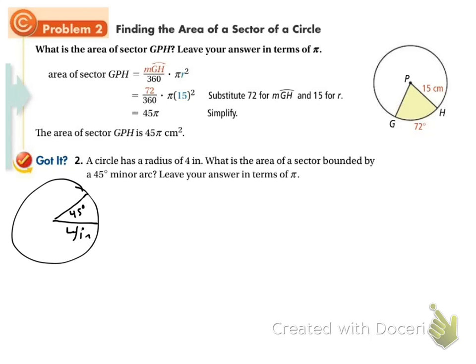So we put our angle measure, 45 over 360 times the area, so pi r squared. So this is 45 over 360 times pi times 16. So I want pi in my answer, so I'm going to do the 45 divided by 360 times the 16, which gives us 2. So this is 2 pi inches squared.